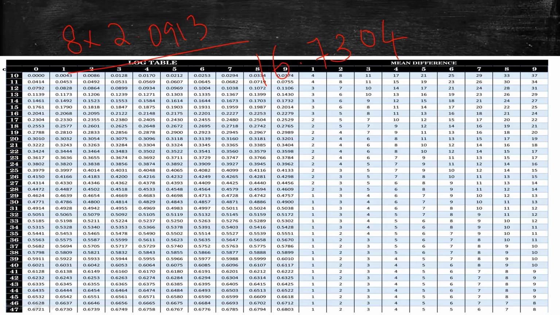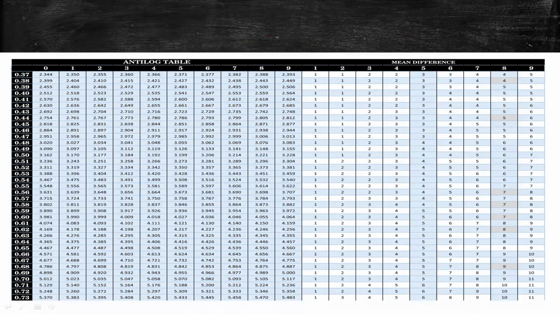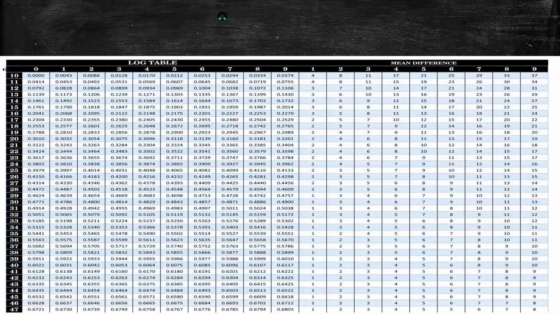16.7304 means while taking the antilog, this 16 will be coming as the tens power. You have to read from the antilog table what is the value of 7304. Okay. Antilog table is this. 730 means 5.370, right? 730 is coming this way. 5.370, 73 what? 04, right?